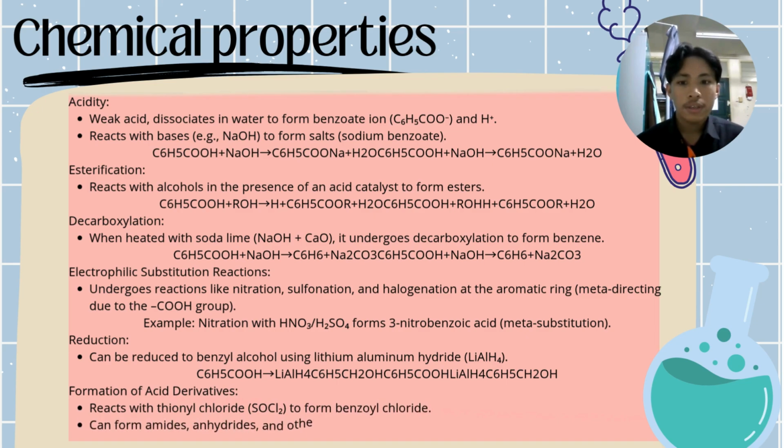For reduction, it can be reduced to benzyl alcohol using lithium aluminium hydride. For formation of acid derivatives, it will react with thionyl chloride to form benzoyl chloride and can form amides, anhydrides, and other derivatives.